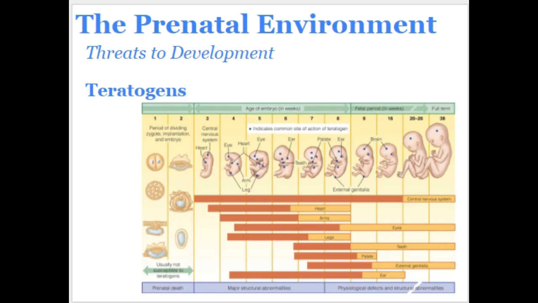And teratogens are all impacted by the type of exposure, the amount of exposure, the point in prenatal development that the mother and or fetus is exposed. Genetics play a role as well, and being male or female can also impact how teratogens impact the prenatal environment.